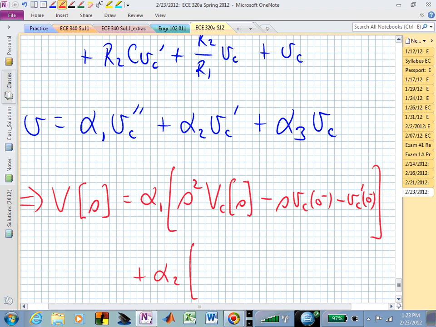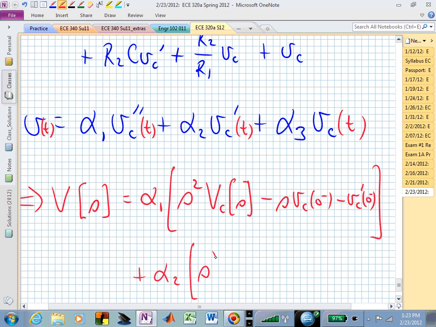I'm now Laplace transforming V sub C prime. And I probably should have been more explicit. That's now a time argument. We are going to end up with frequency arguments in our expression here.